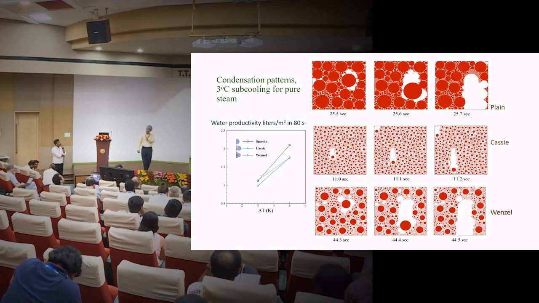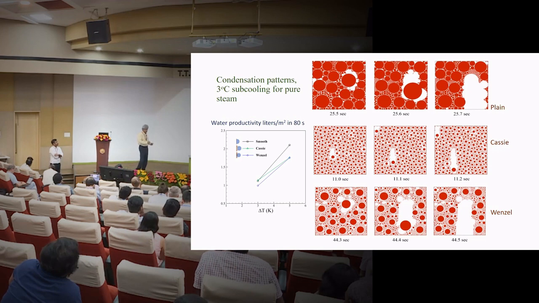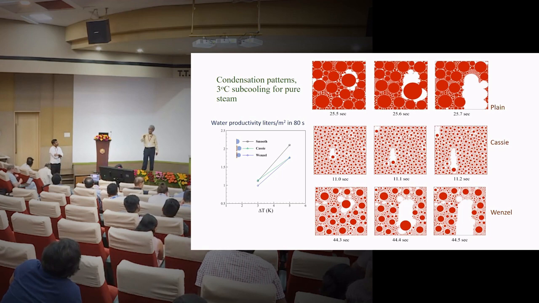Your question was, will there be a regular pattern? Since the largest drop is, let's say, 1 or 2 millimeters, it is much larger than the pillar size. So we think the scaling law may change, but the sequence of events is likely to be the same.